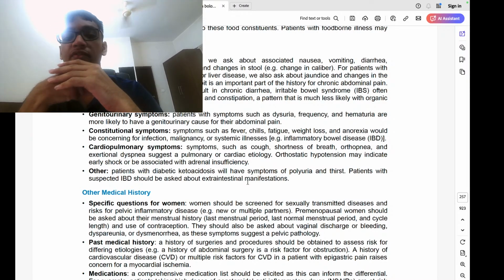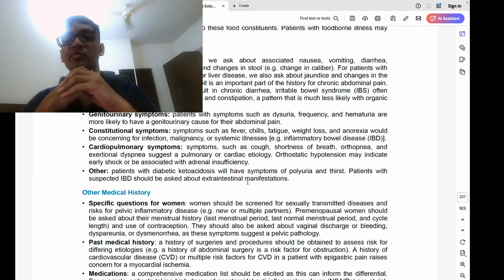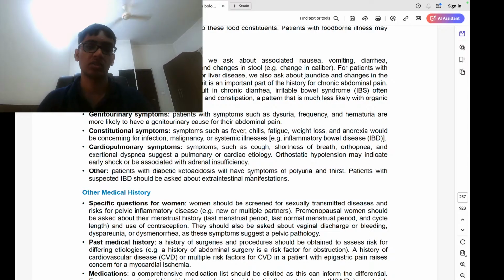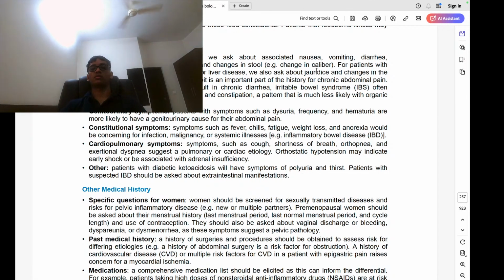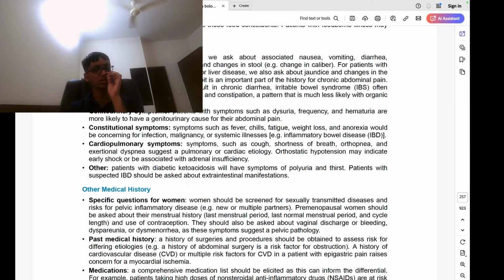It's almost 2:50. Okay. Other gastrointestinal symptoms, we ask about associated nausea, vomiting, diarrhea, constipation, hematochezia, melena, etc. So in a patient with right upper quadrant pain, ask about jaundice and changes in color of stool. Bowel habit is an important part of chronic abdominal pain. Many organic lesions may result in chronic diarrhea, while IBS often presents with swings between diarrhea and constipation, a pattern that is much less likely with organic disease.